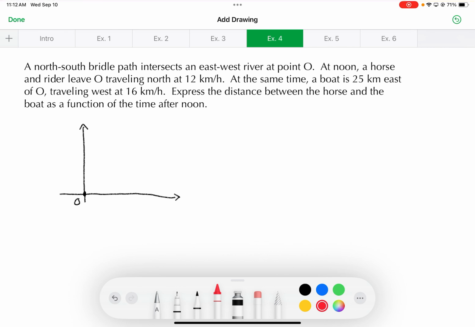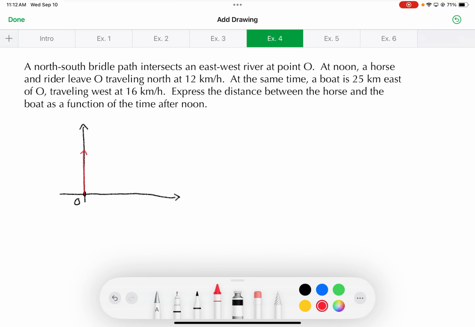All right, now the rider is going along the path, going at 12 kilometers per hour. So he's traveling north, so that means he's going this direction. Okay? And it says he's going 12 kilometers per hour, right? So that means for every hour he travels, that's an additional 12 kilometers, right?